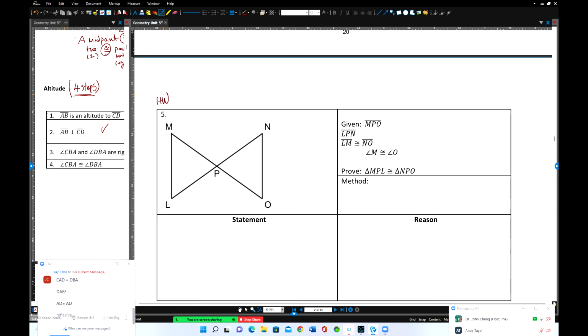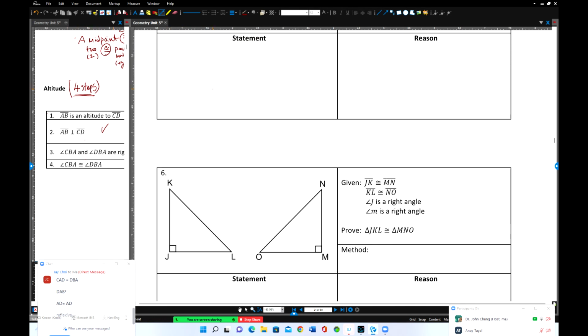Only 3 questions you have to finish. Okay, and send it to me. Don't forget there are 4 different methods. Okay, actually 5, including HL, hypotenuse leg. So you can use one of those methods. Prove right triangles are congruent.